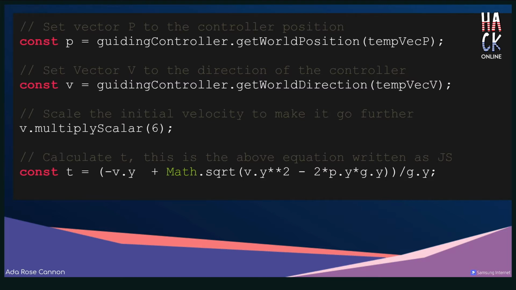We write up that equation in JavaScript. One thing I'd like to point out here, look, notice the star star operator. The star star operator is equivalent to Math.pow. So it's a power. So instead of writing it awkwardly, I can just do it natively in JavaScript. Pretty neat that you can do that now.